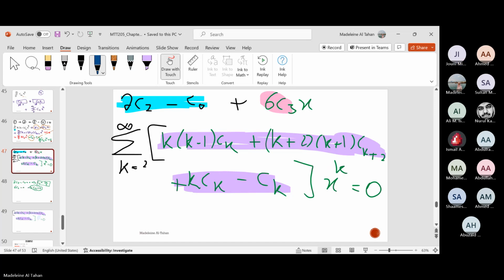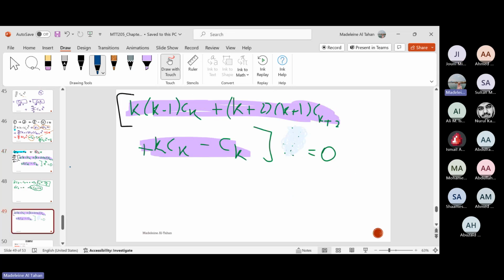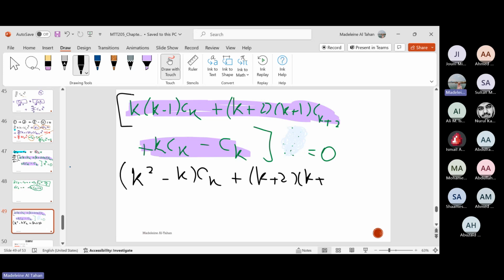Okay. Now, can we simplify this one, miss? Let's simplify it. k square minus k ck. k plus 2, I will keep it the same at this moment, because we have it only alone, but the other ones, we need to add them up.